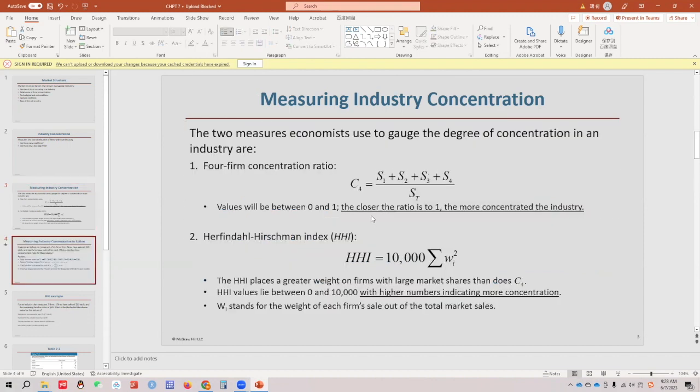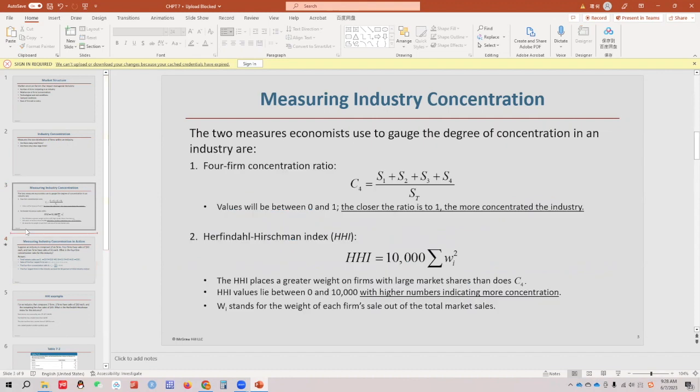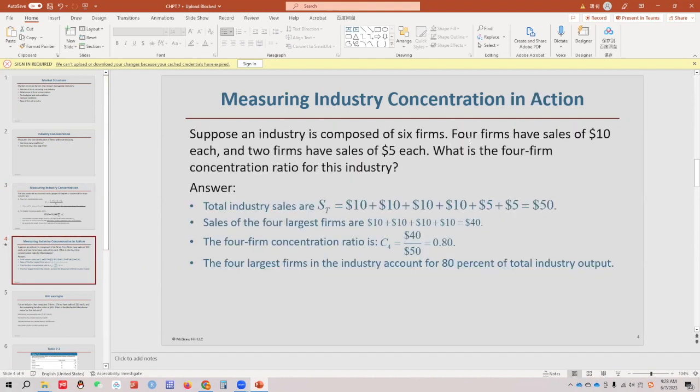The numerator is then 10 plus 10 plus 10 plus 10, which is 40. Then we calculate the denominator, the size of the total industry. That is 40 plus the remaining 2 firms, 5 plus 5, so the total size of the industry is 50. The 4-firm concentration ratio is 40 over 50, which is 0.8.